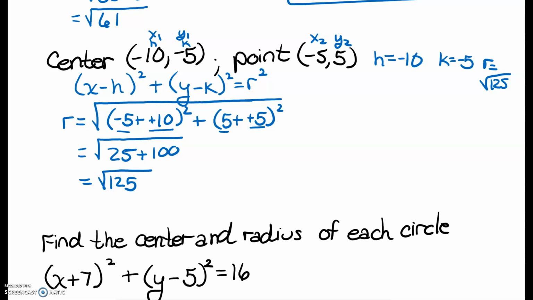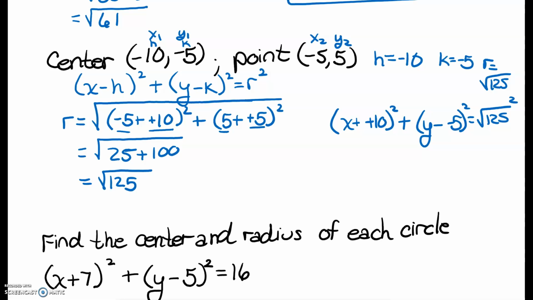because when I put it in the equation, I'm just going to square it. So here I'm going to replace h in the equation with a negative 10. I'm going to replace k in the equation with a negative 5. And that's going to equal the square root of 125 squared. And you're going to see why I don't reduce that radical, because it makes it easier to not reduce it.